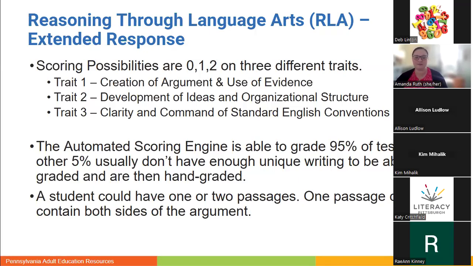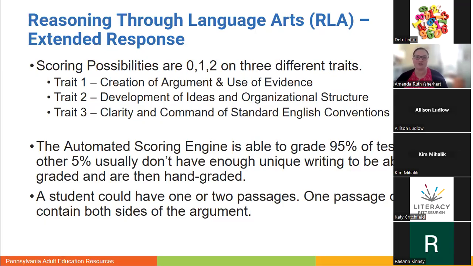One of the questions that we had from the first webinar was kind of how students got their grade. And I had to do a little bit of digging, a little bit of talking with the GED team. And from what I gathered, each trait is graded as a 0, a 1, or a 2.